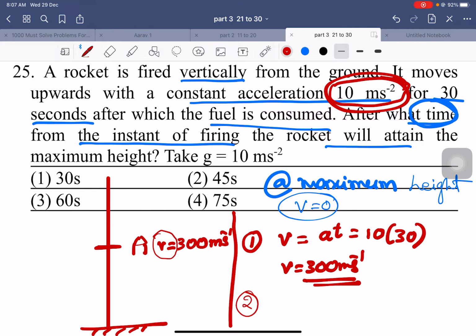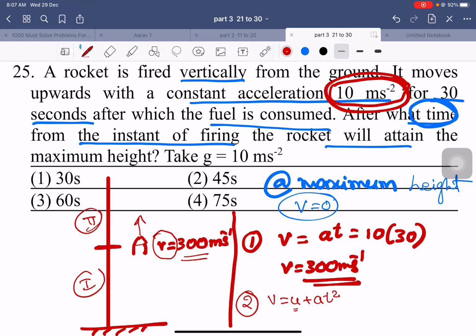For that we will use the equation v equal to u plus at. Now for the second process, initial velocity is 300. This is the first process, this is the second process. The rocket goes up just like a stone which is thrown upwards with an initial velocity of 300 meter per second.